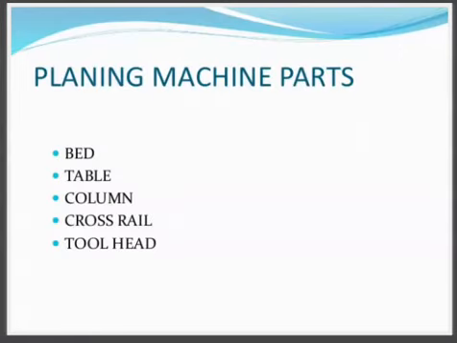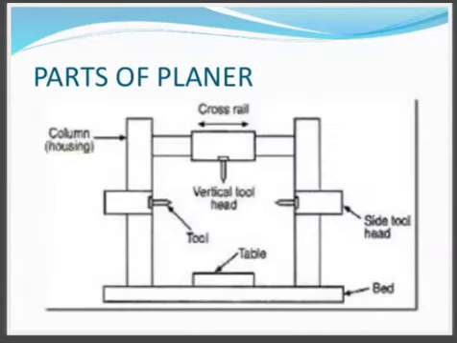Here the planing machine parts are bed, table, column, cross rail, and tool head. See here the parts of the planer. There are two columns or housings at the left and right, and both are fixed on the bed. On the bed, the table is there.